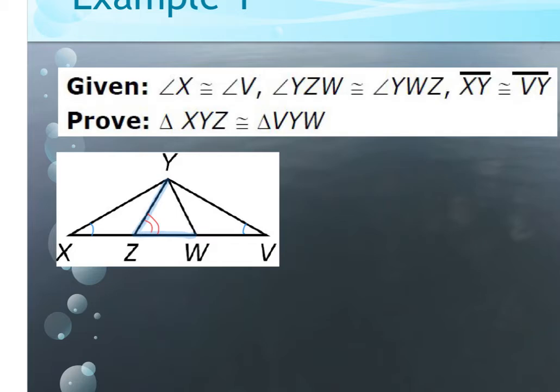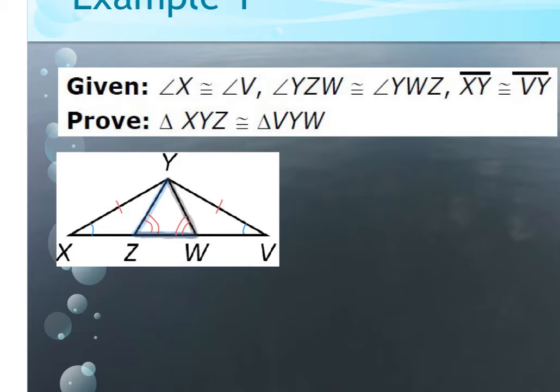So I'm going to highlight the other one, Y to W to Z, that would be this one. And we also know that XY, which is this line segment, is congruent to VY, which is this one.